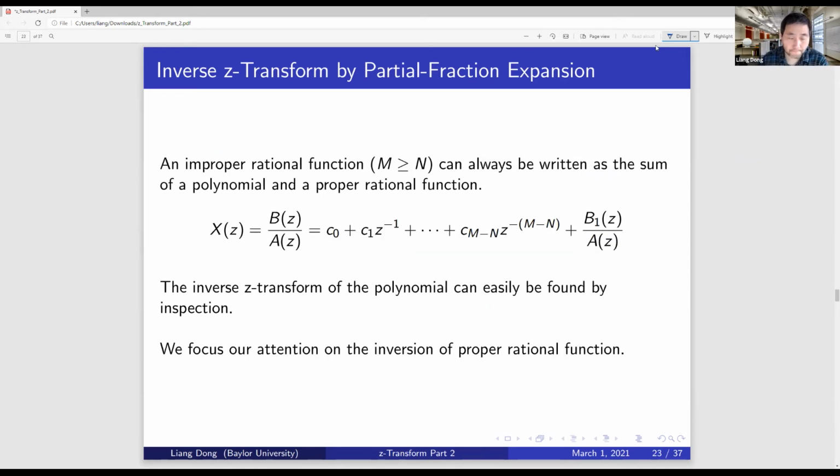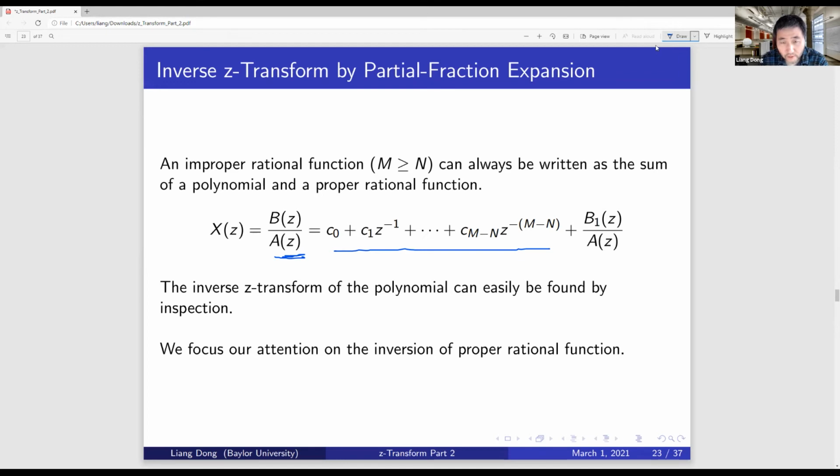So as I said, an improper rational function with m greater than or equal to n can always be written as a sum of a polynomial and a proper rational function. Easy. What we do is a long division. You get a polynomial, the C polynomial, of order m minus n.